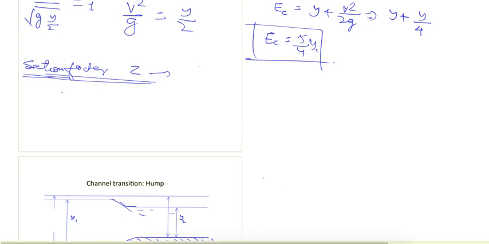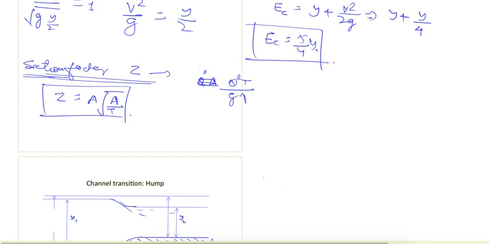So it is denoted as Z, and it is defined as A under root A by T. And for critical flow condition, we know that Q square T upon g A cube is equal to 1. So from here A cube upon T is equal to Q square upon g, and if we put it here, so Z will come out to be Q upon under root g.